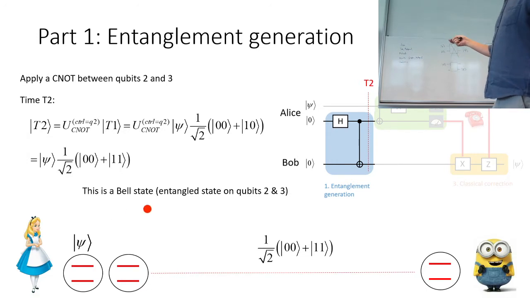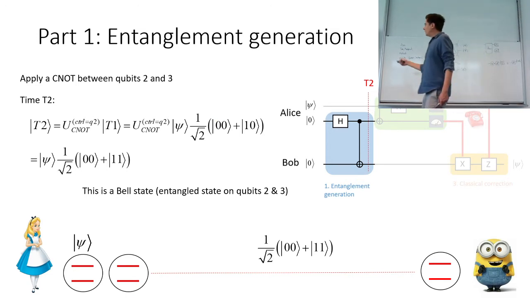Next we're going to apply the controlled NOT. This controlled NOT is acting on the last two qubits. If you remember the controlled NOT, the idea was that if the second qubit, the control, is 0, then you do nothing.